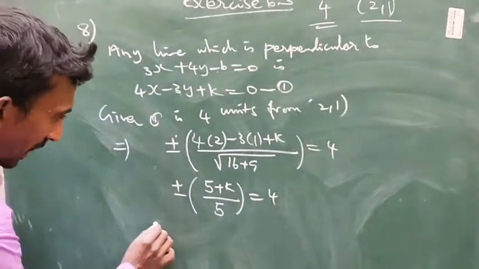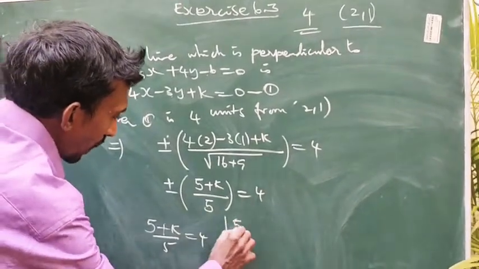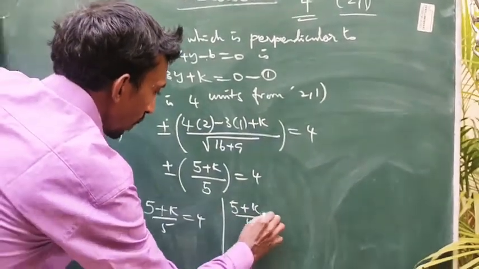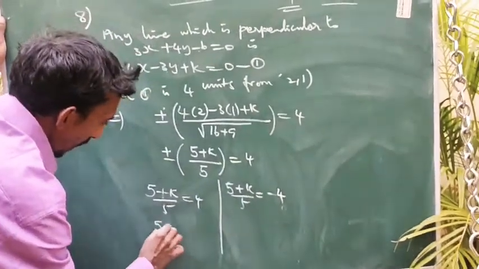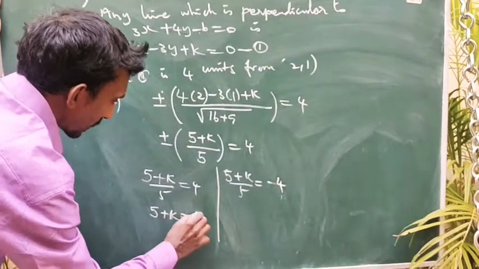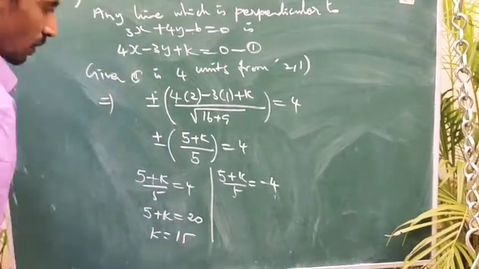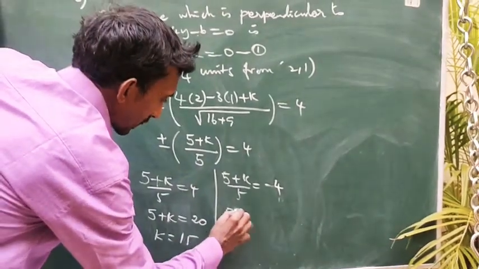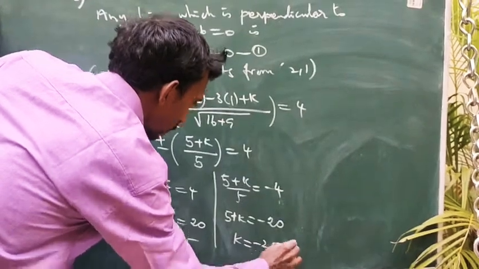So either 5 plus k by 5 equal to 4, or 5 plus k by 5 equal to minus 4. So 5 plus k equal to 20, k equal to 15. Or 5 plus k equal to minus 20, k equal to minus 25.